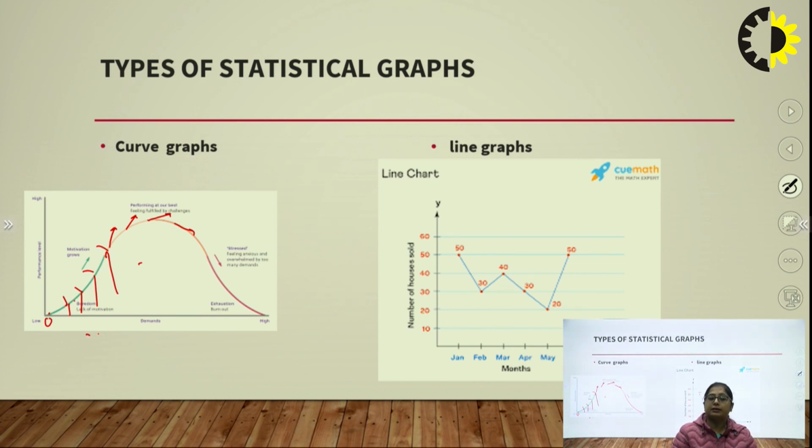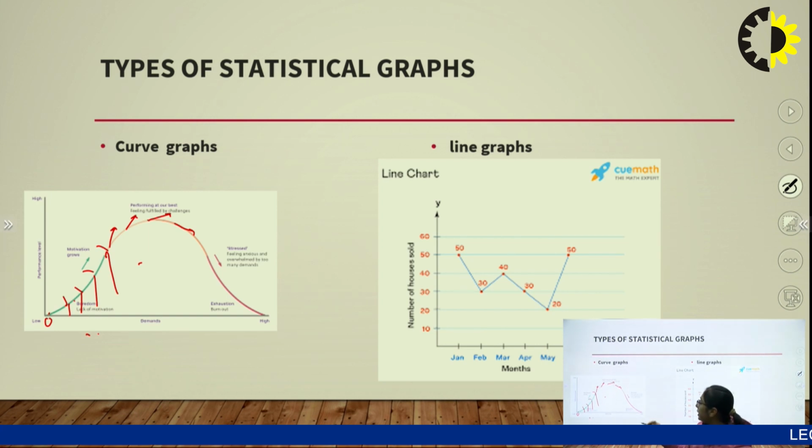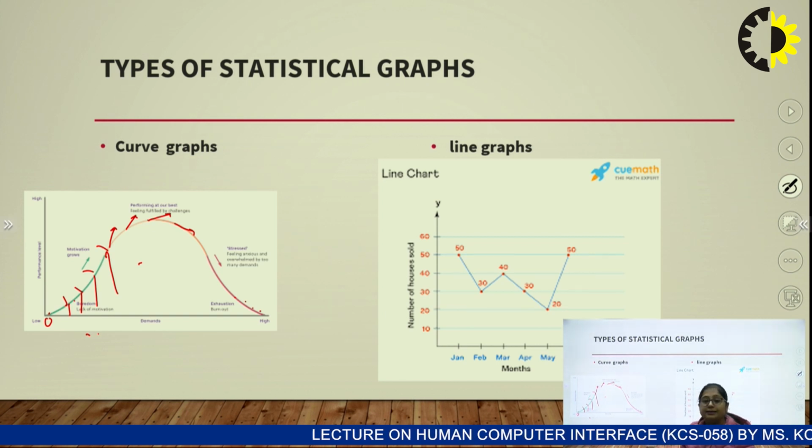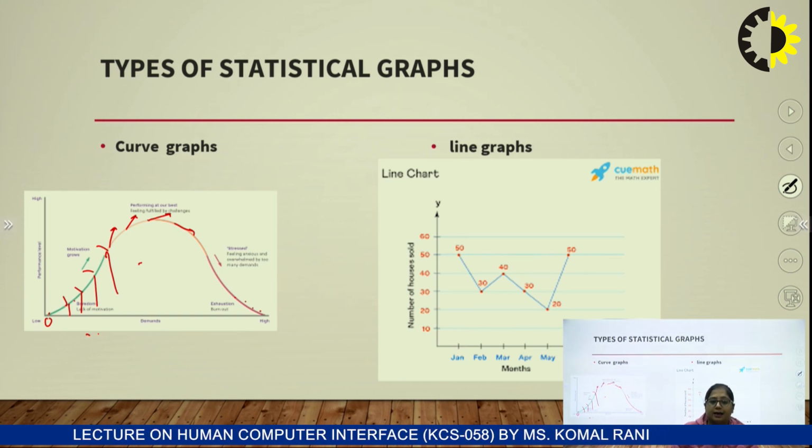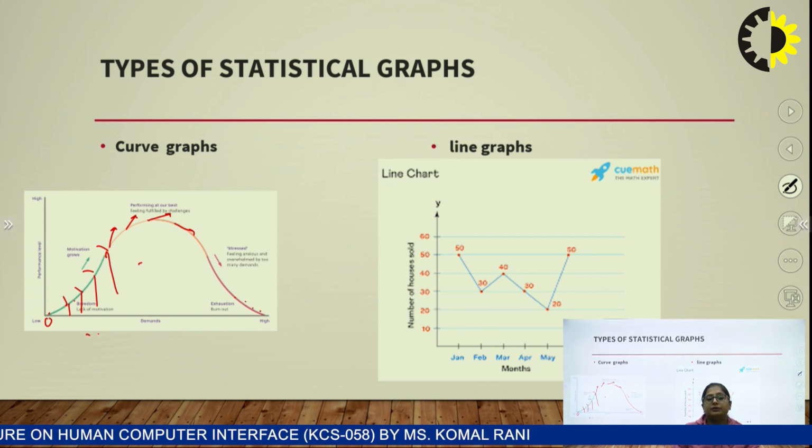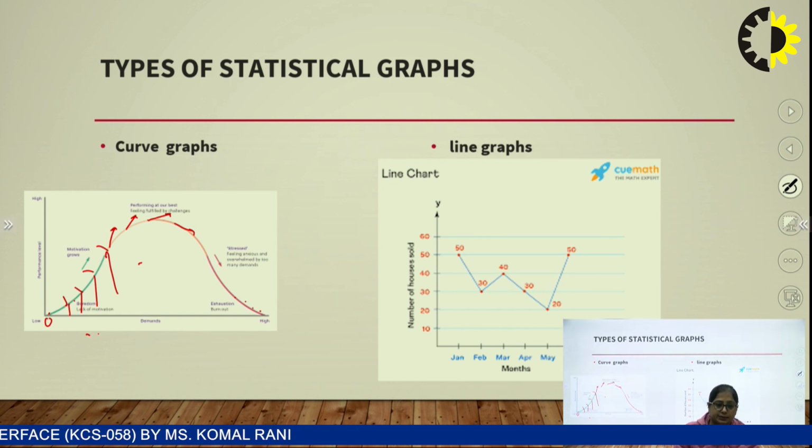Whenever the data is changing continuously, we have to go for the curve graph, because in the curve graph at every moment the tangent is different. The tangent is different means the data is changing continuously. So whenever there is a large amount of data and the data is changing continuously, and at every point you find a different tangent, you can go for the curve graph.